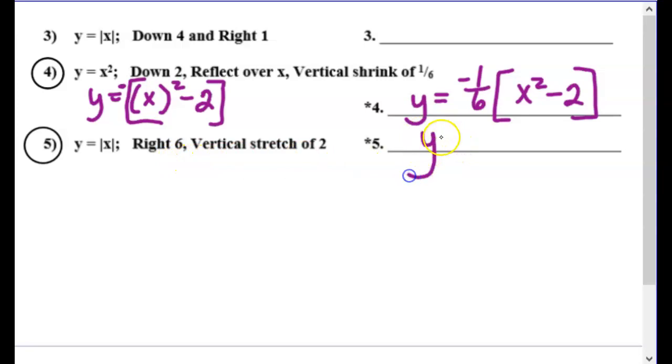Inside or outside? Inside, and it's a what? -6. And a vertical stretch of 2 is just a multiplied 2. Okay, number 4. Not ever asking you that order, at least.